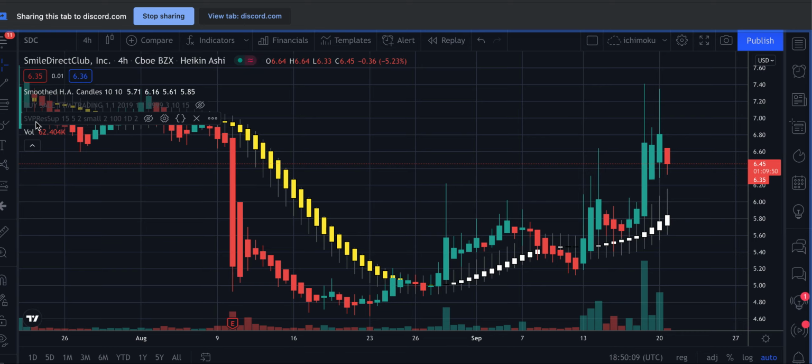So this one right here, guys, can you see it? The SVP. No, actually, that's not the one. This one right here, the smooth Heikin candles. So you just have to go to indicators and then you look for the smooth.